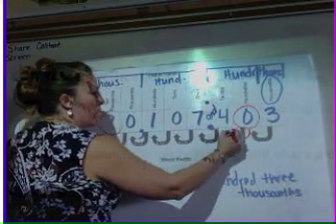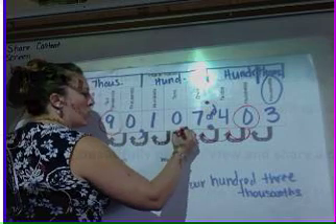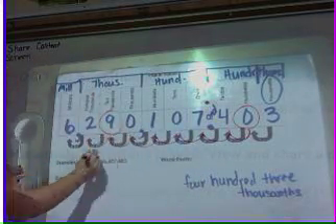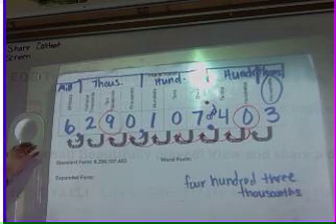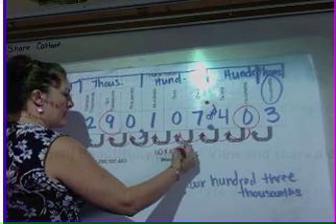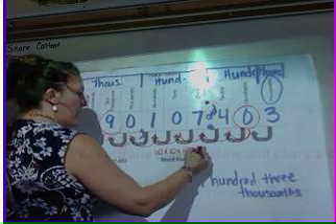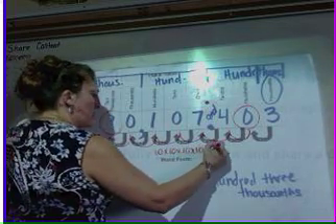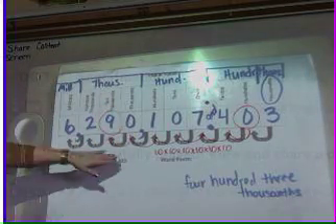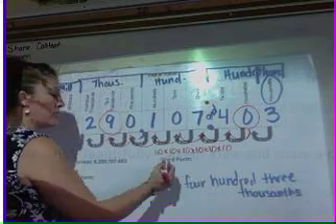So I go 1, 2, 3, 4, 5, 6 jumps, which means that I need 6 tens. 10 times 10 times 10, there's 3, times 10 times 10 times 10. There is 6. I can multiply them all out, or I can do it the easy way.